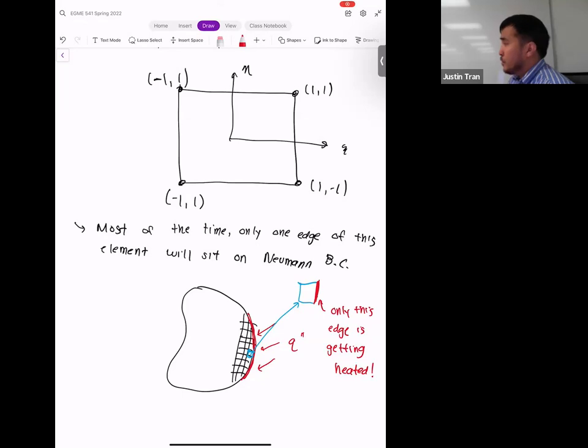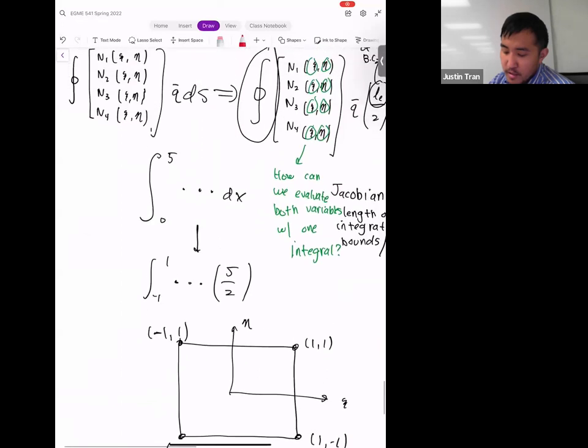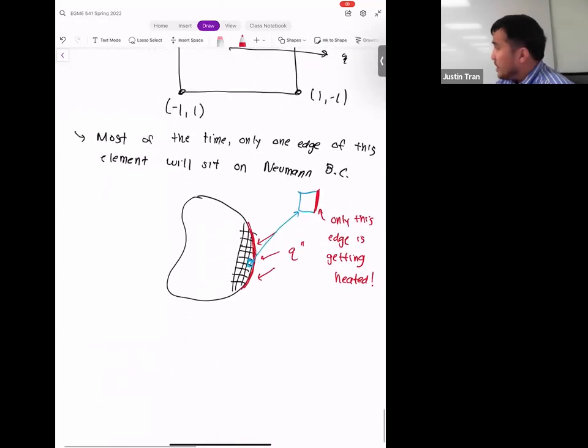All the other edges do not have a Neumann boundary condition evaluated on them. And so when we evaluate this integral here, that means we only have to apply the Neumann integral on that edge.